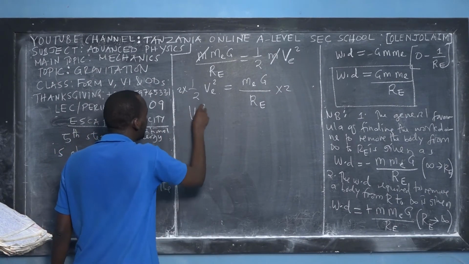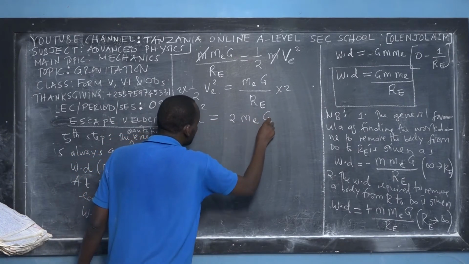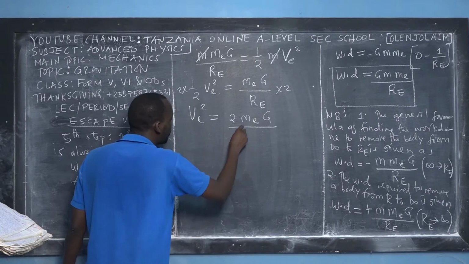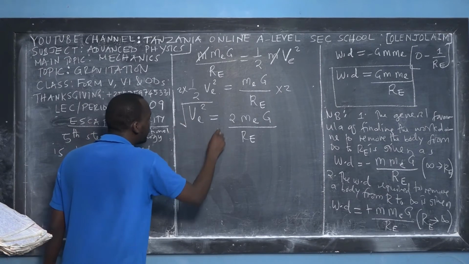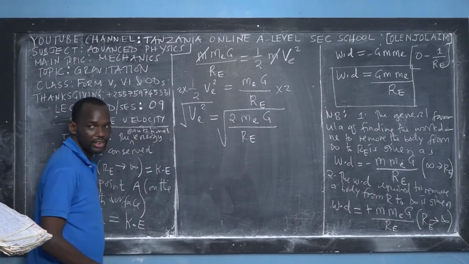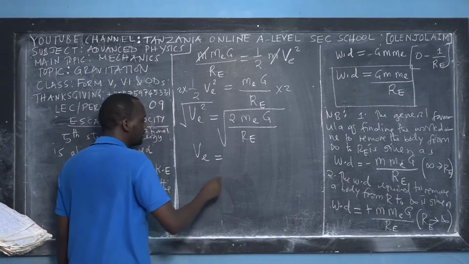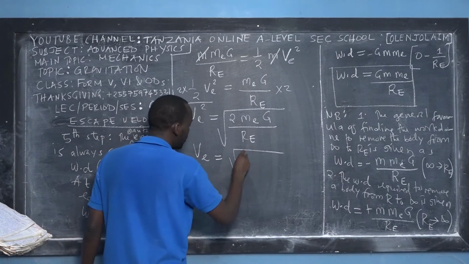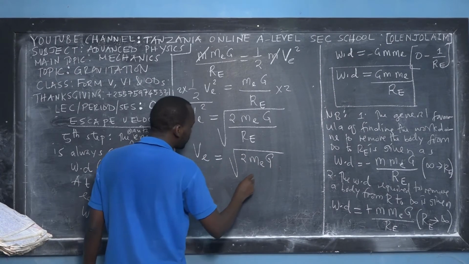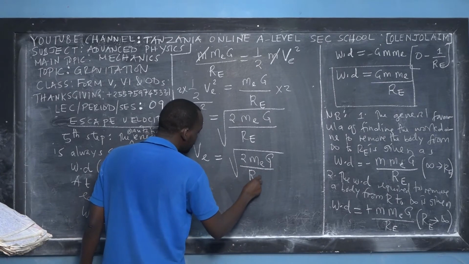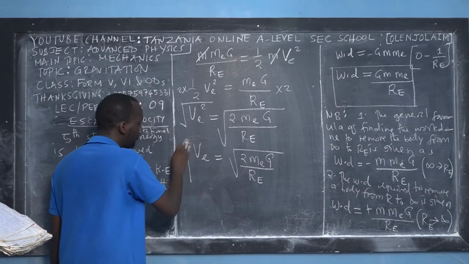So you have the escape velocity squared equal to twice the mass of the Earth times the universal gravitational constant over the radius of the Earth. Our intention is to derive the general formula of escape velocity, right? So the escape velocity is equal to the square root of twice the mass of the Earth times the universal gravitational constant over the radius of the Earth. This is a general formula of escape velocity.